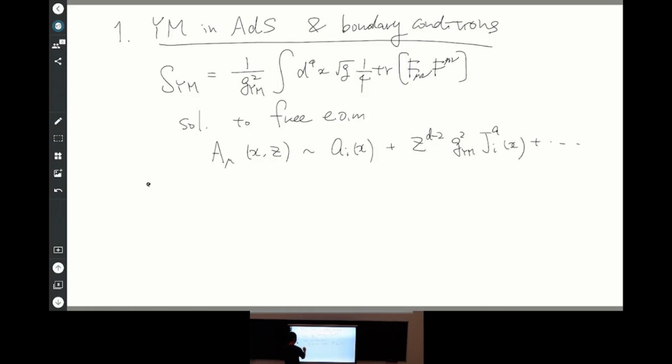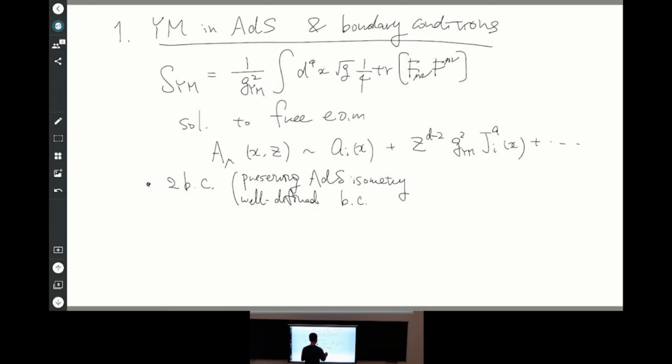It turns out there are two natural boundary conditions preserving AdS isometry and giving a well-defined variation problem. This is very similar to analyzing the boundary condition of the free scalar field.